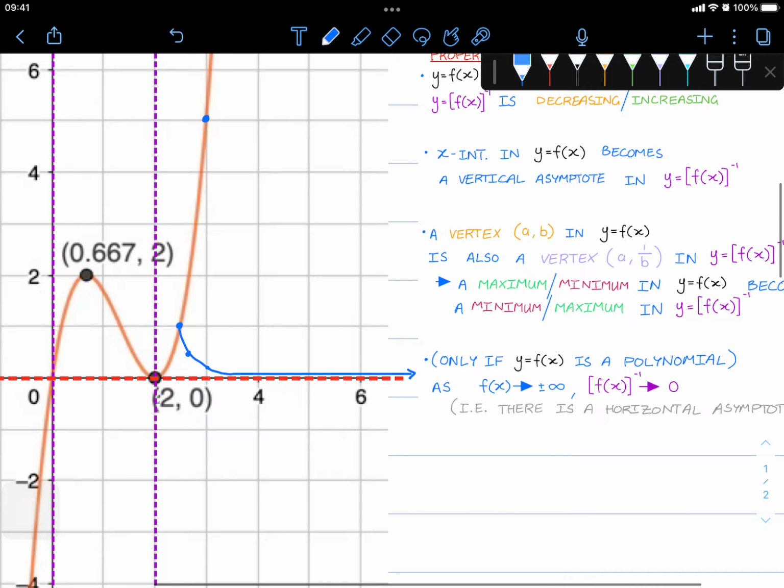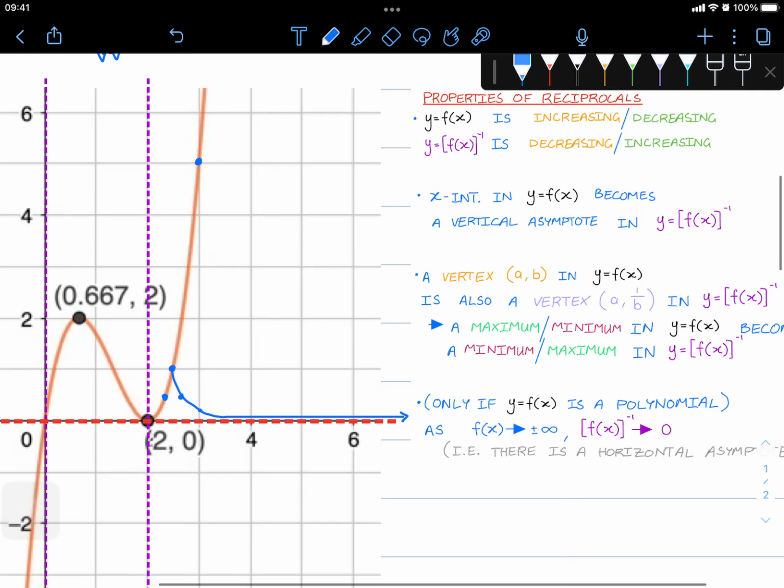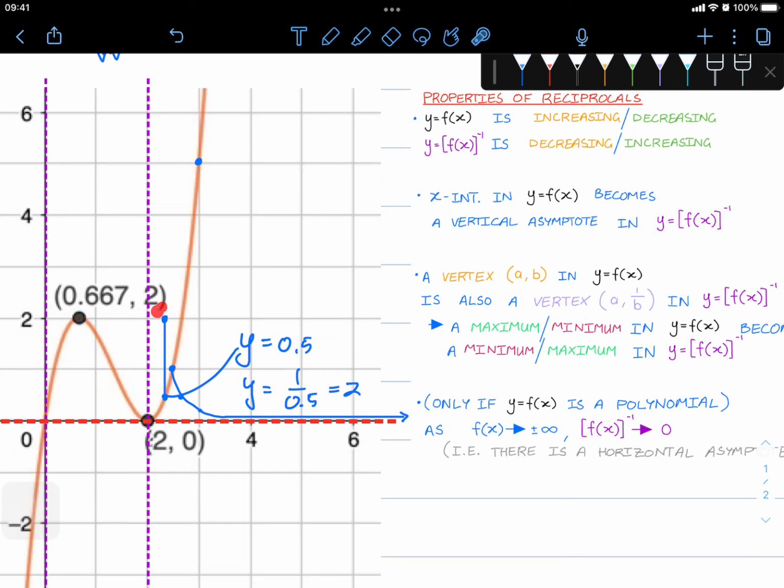Likewise, this point here is half, and at this point it will become 2 because of the reciprocal. So this point here is y is equal to half, or 0.5. Its reciprocal is 1 over half, which is 2, which is what I've plotted here.